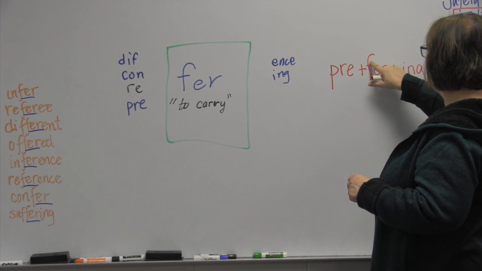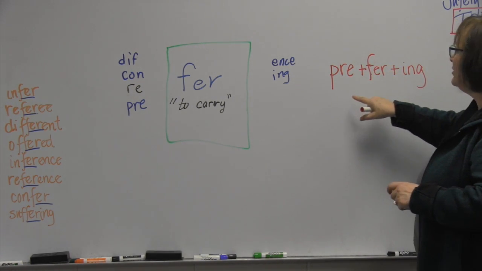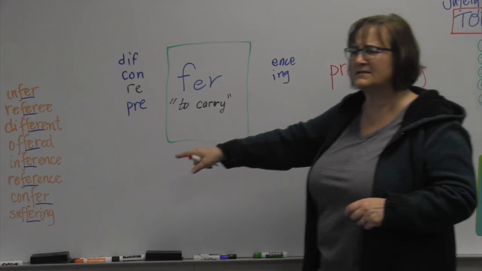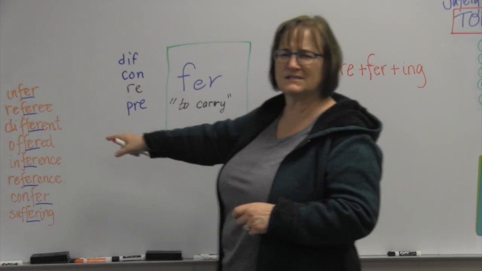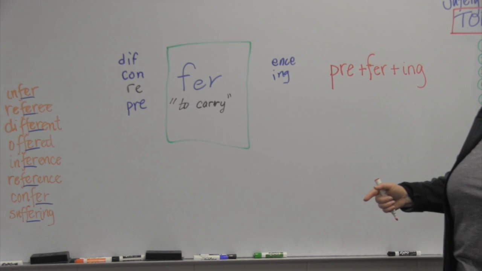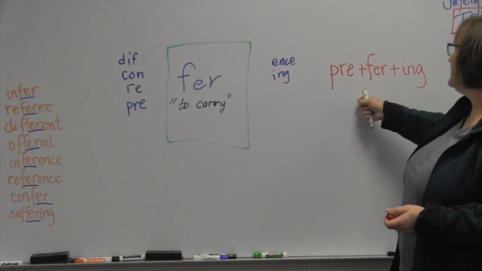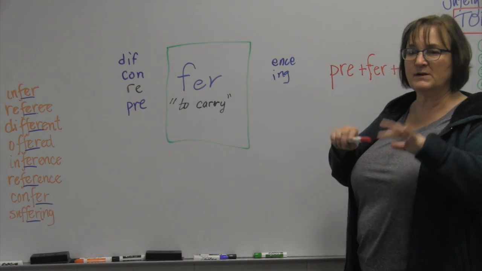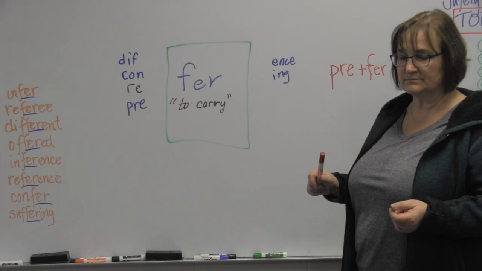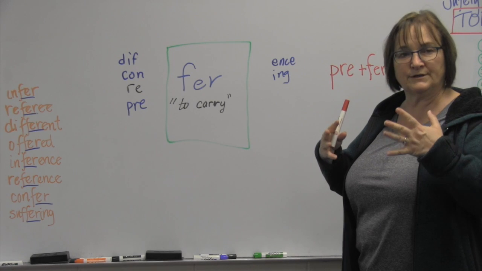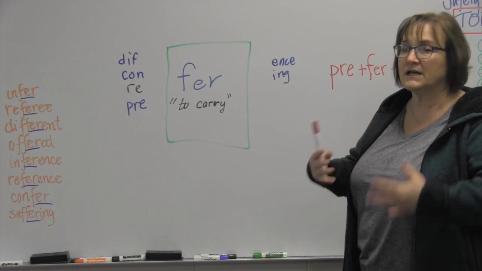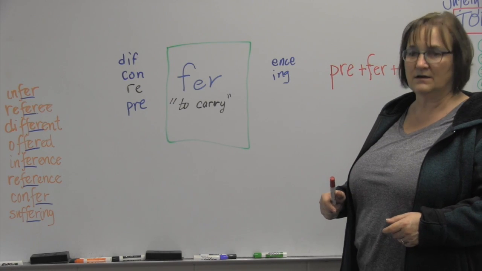Why are we doubling the R in prefer when we're adding that, but we aren't in other places? We're using the same base in the same situation in the same vowel suffix. Here's what I want you to do with the word prefer. Everybody say the word prefer. Prefer. Okay. Which syllable in there is getting the stress? I didn't say being stressed. Getting the stress. Which one? All right.